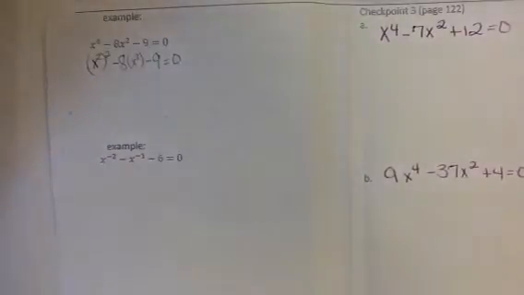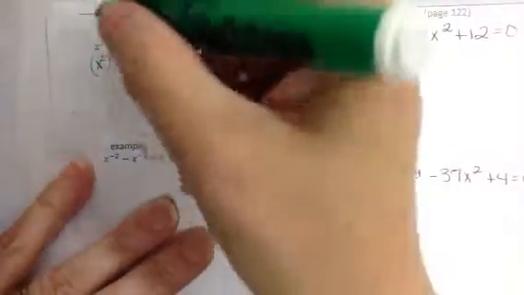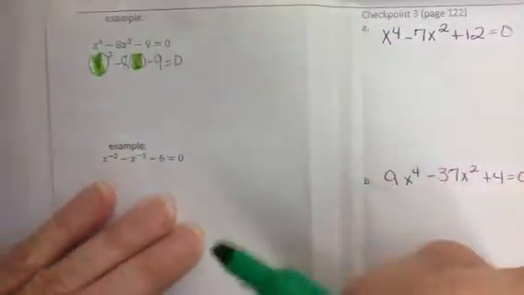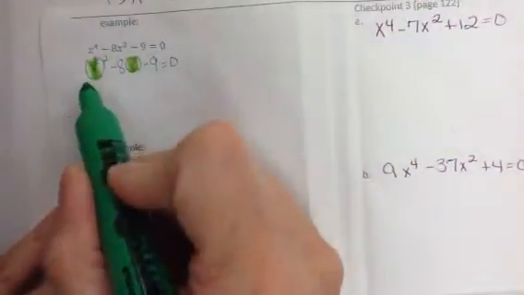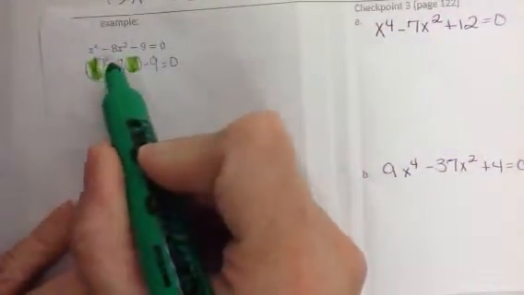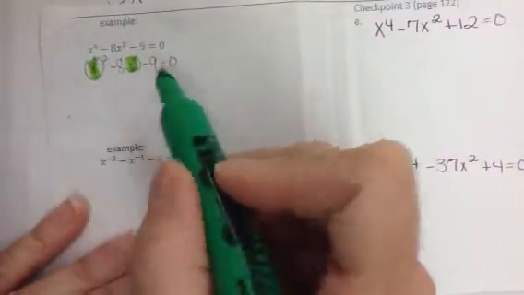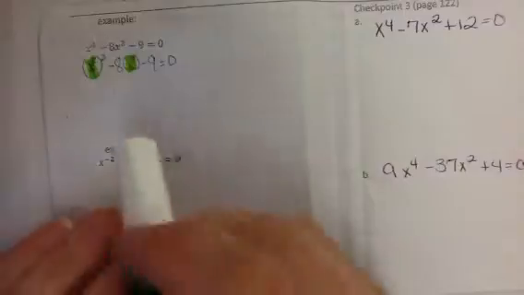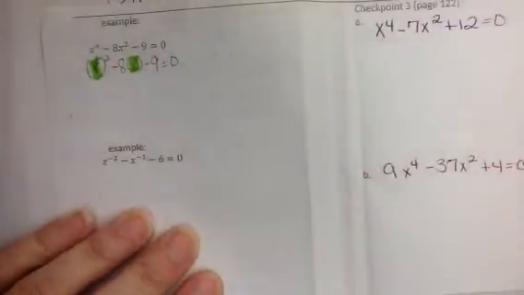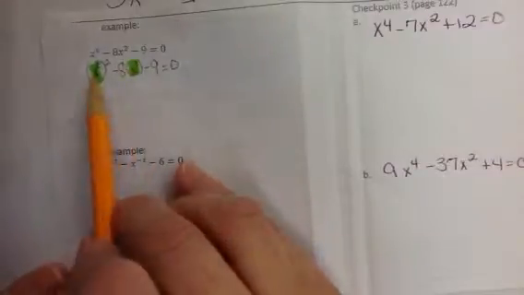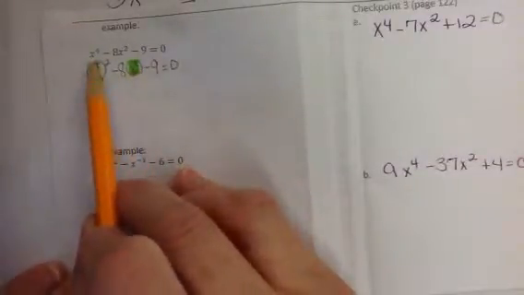So you've got this squared and then just that. It's like ax squared plus bx plus c equals 0. So it's the same idea, but instead of having an x and an x squared, we have x squared and x to the fourth.